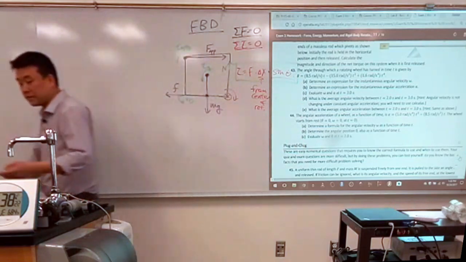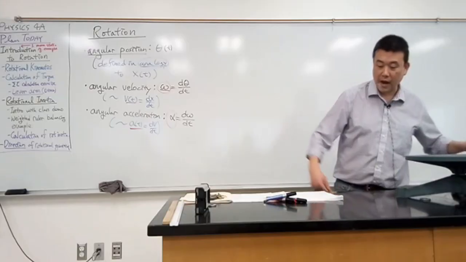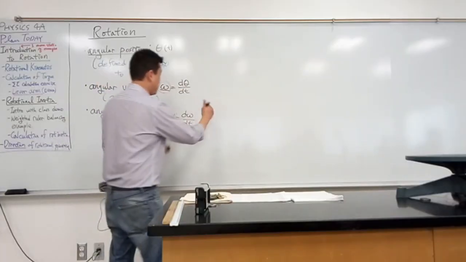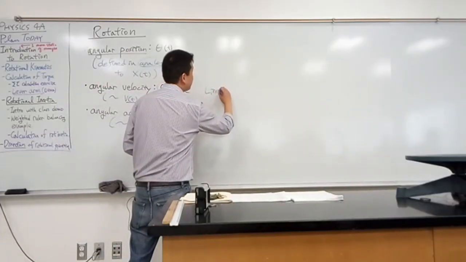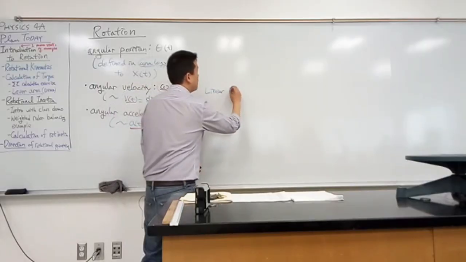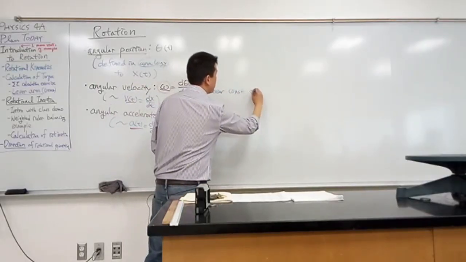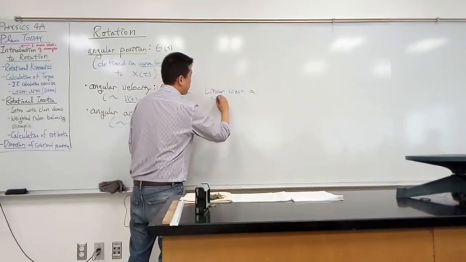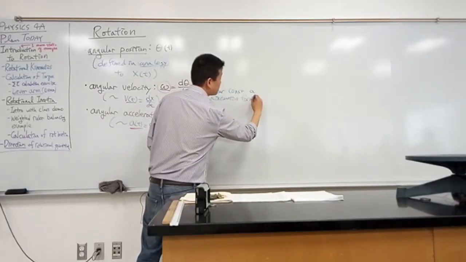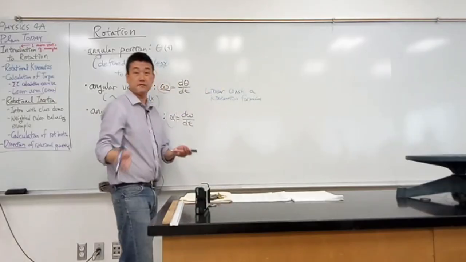But let me point out this much. So you guys had kinematics formulas, right? You had linear constant acceleration kinematics formulas. Everyone here knows what I'm talking about? Yes? No?